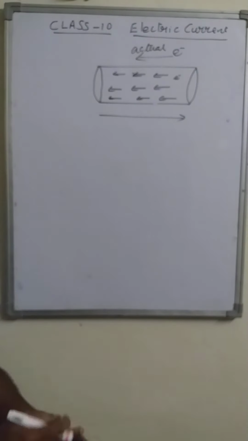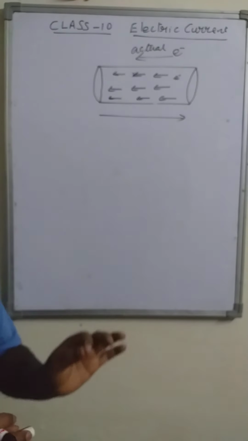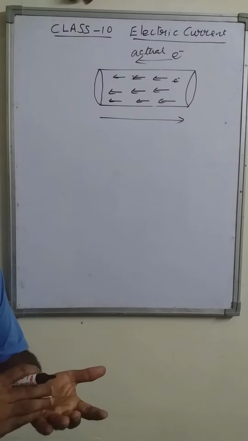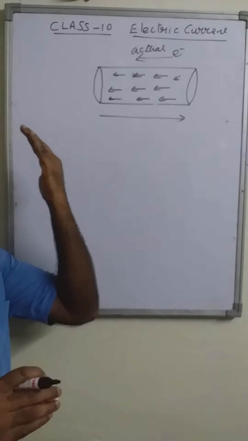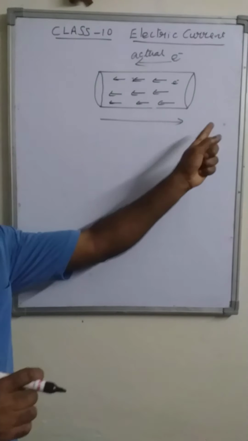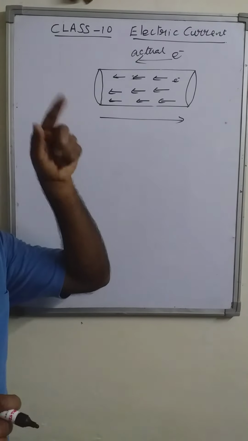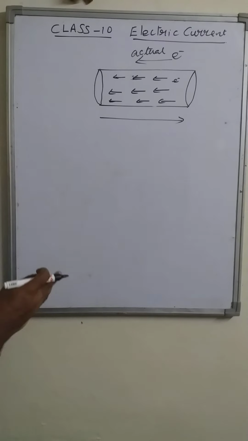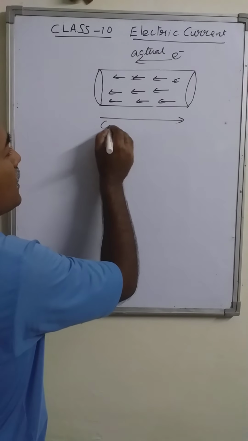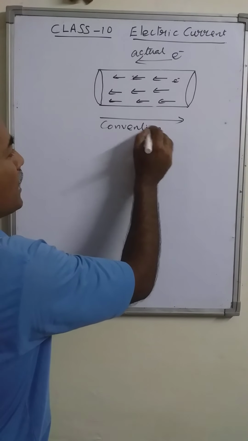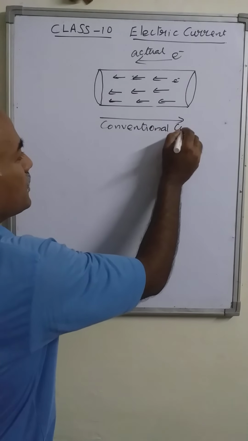We can imagine it is the direction of motion of positive charges, because electrons are moving in this direction and we can imagine the positive ions are moving, but actually the positive ions remain at rest. So this is the conventional direction of current. This is conventional current.